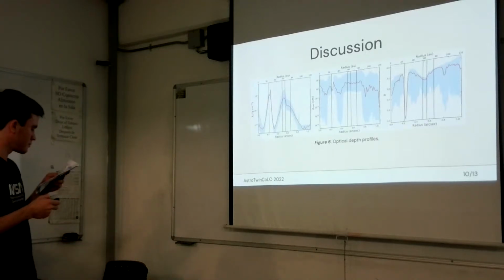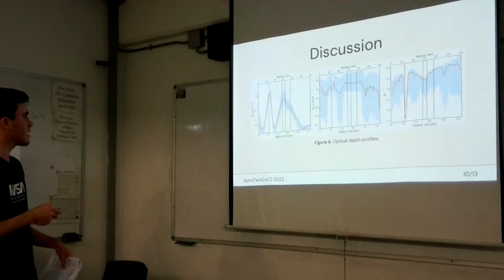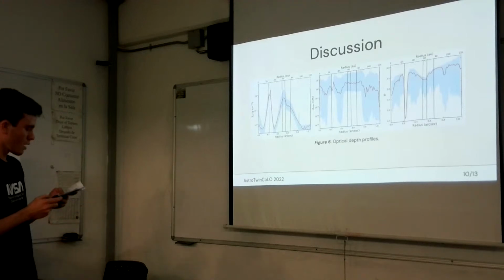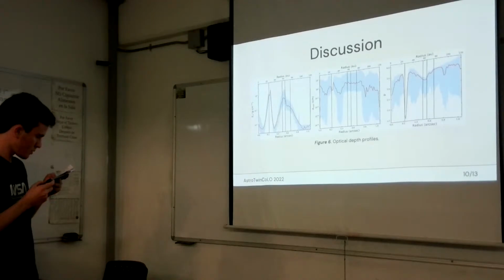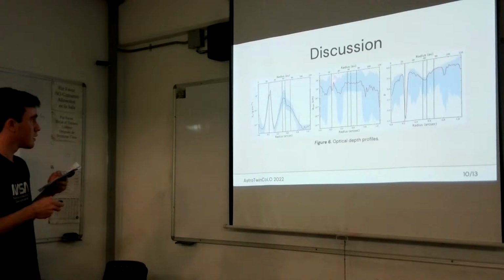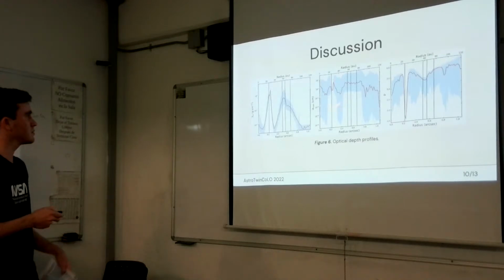Here, maximum grain size, and the next, the red solid line indicates the median of the position at each radius.